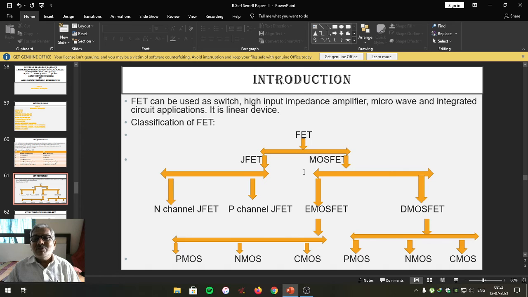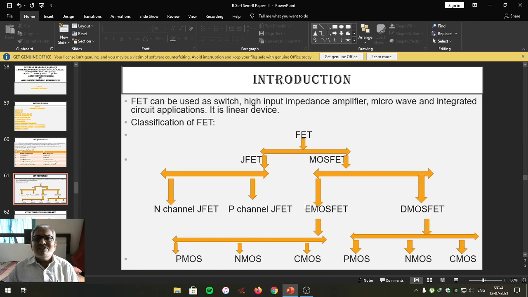Let us go to the MOSFET, that is metal oxide semiconductor field effect transistor. This MOSFET is again divided into two types. One is E-MOSFET and second one is D-MOSFET. E-MOSFET is called enhancement metal oxide semiconductor field effect transistor.